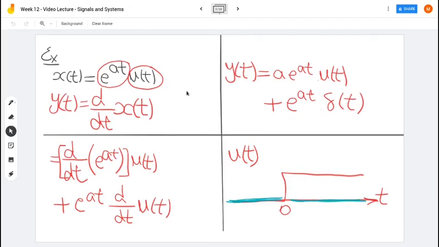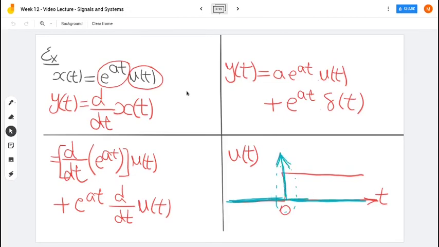But at this instant 0, we have a sudden change. Sudden change means in no time we have a change of value from 0 to 1. So delta y is 1, delta x is 0, which will give us sort of an impulse over here. So the derivative of u of t is an impulse delta of t.